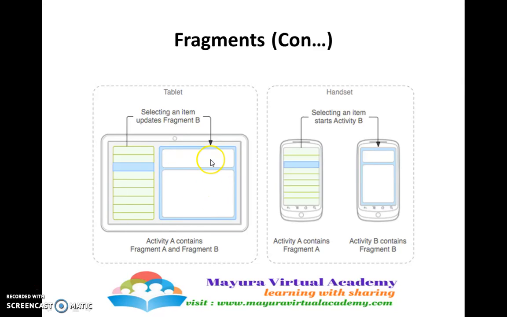So this can be designed using fragments. Whenever you click on the article, the same fragment can be used in multiple ways, so that we can provide a dynamic user interface, and the reusability of the code also increases. Suppose the same application is used for two different scenarios, one for mobile and one for tablet. In the tablet design, if you create the same application using activities, you need to launch different activities every time.